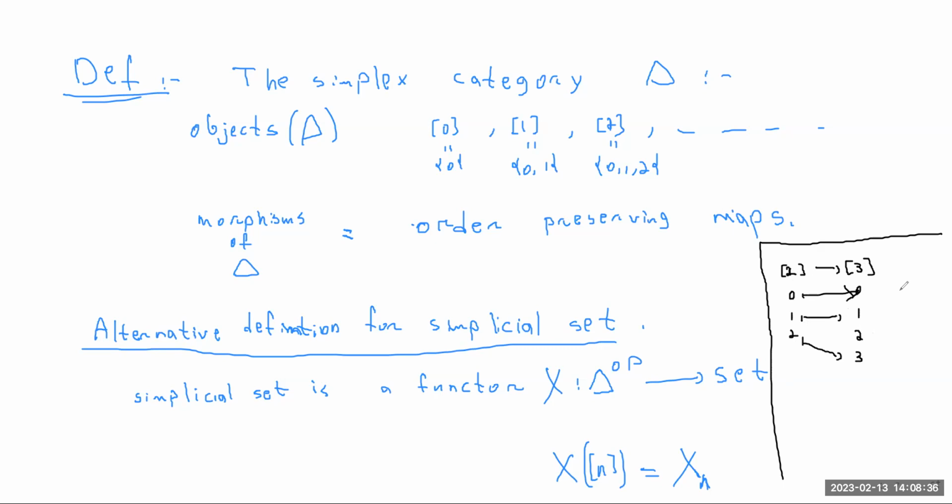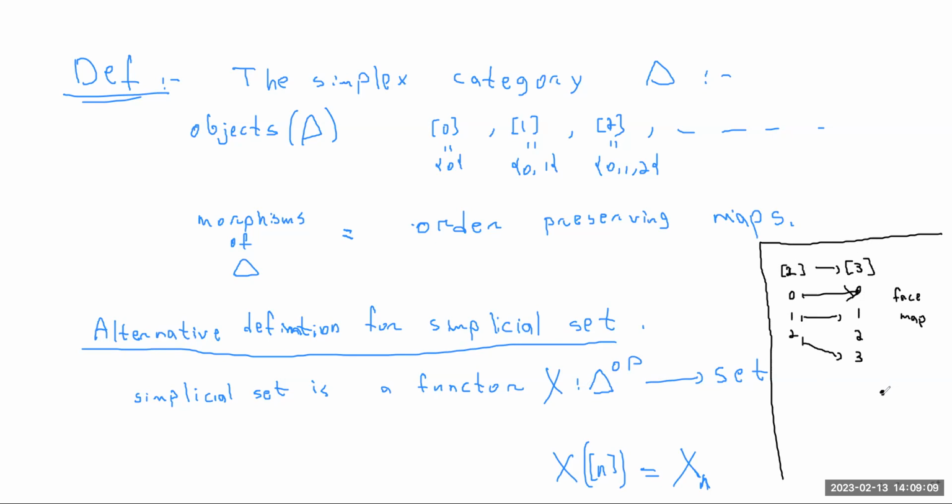This is called a face map. It will give me the face, because this functor is contravariant, from delta opposite. Applying it to this map gives a map from here to here, which represents the face map.